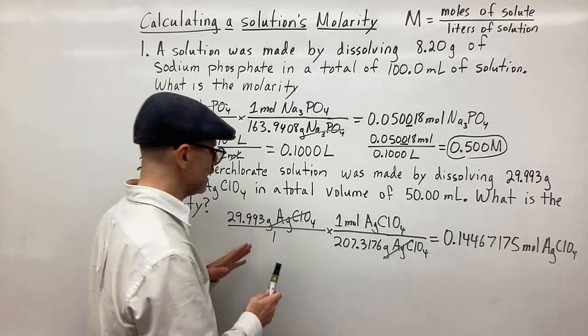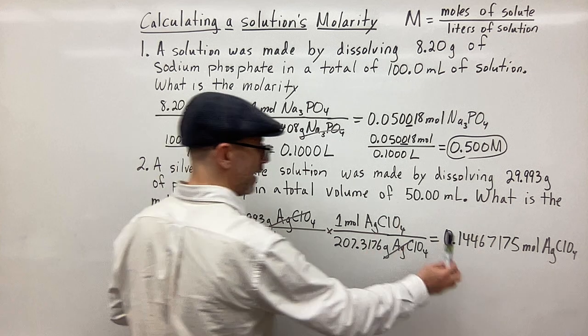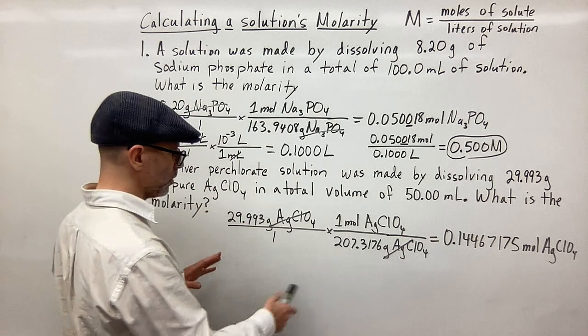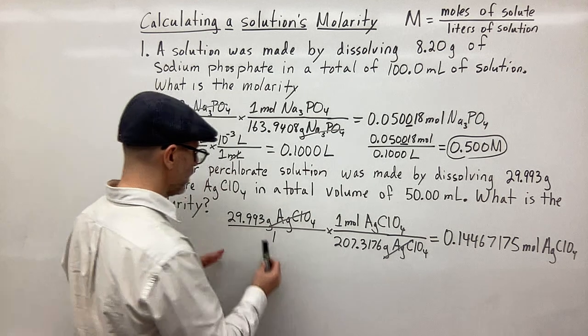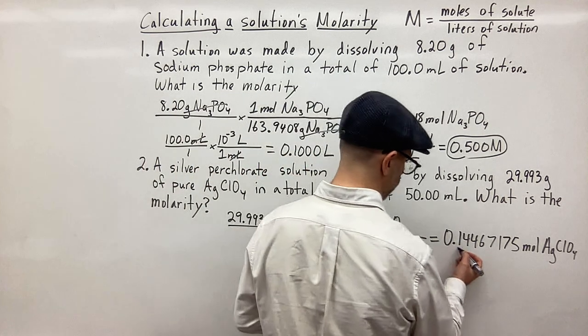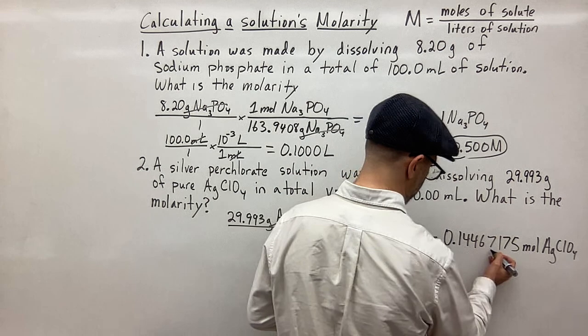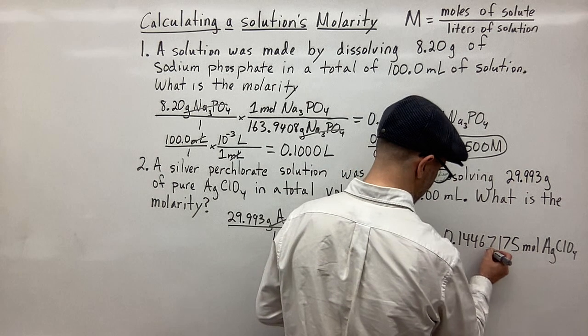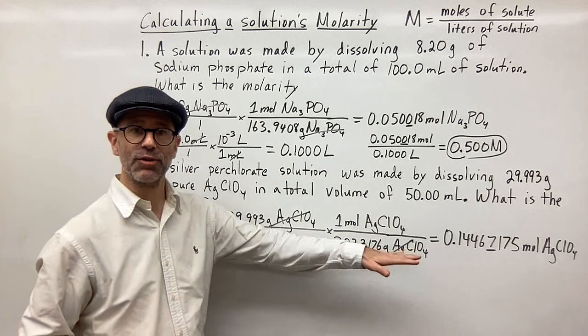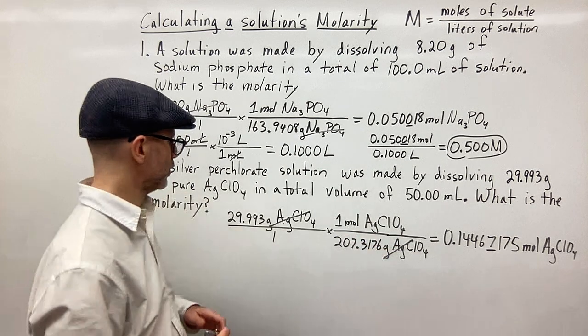Now, as far as sig figs go, our answer here should have the same number of sig figs as the least number. Here we have 7. Here we have 5. So we should cut it off at 5: 1, 2, 3, 4, 5. So I'll put a line there. That's the last sig fig. We're going to have to use that later for our molarity calculation.